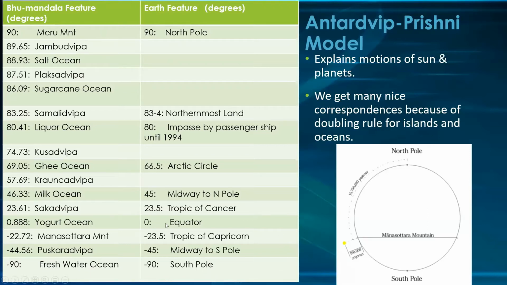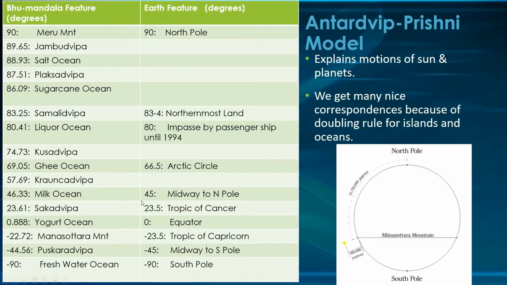But then you will start seeing that the Yogurt Ocean is at 0.888 degrees, which is very close to the equator. Shaka-dvip will be very close to the Tropic of Cancer. The Manasottara mountain, which is that mountain that connected the chariot of the sun with Mount Meru, is at the Tropic of Capricorn, which is the outermost point at which the sun goes, right?